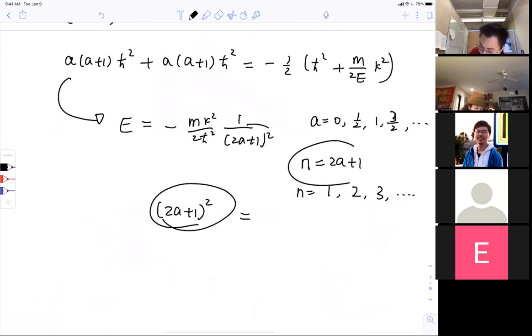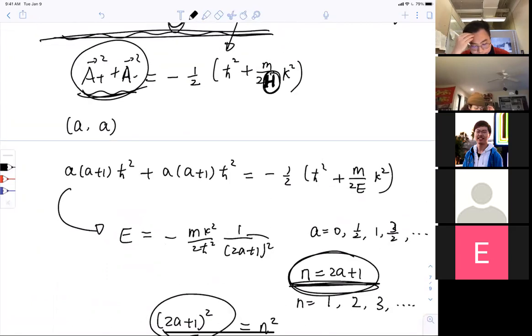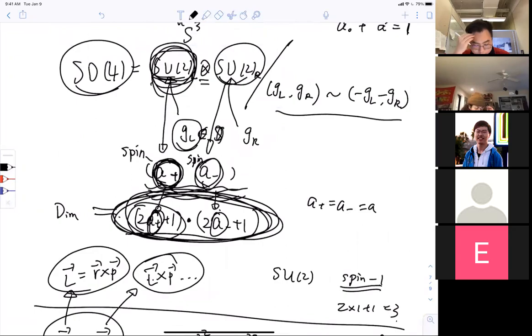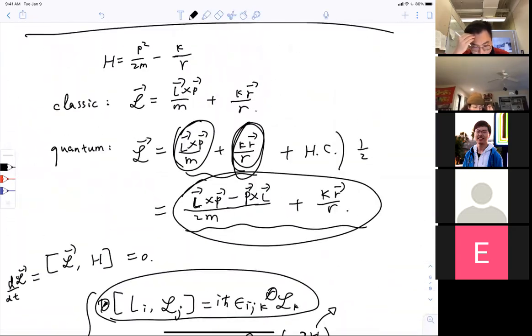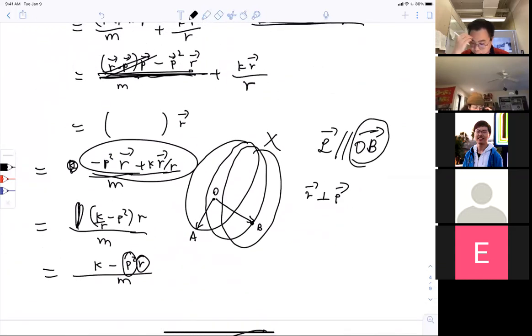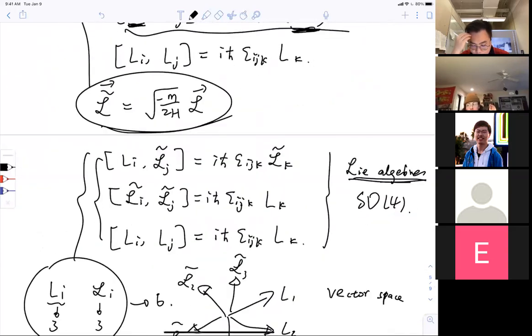And using this identity, we know it's n squared. So by this kind of group analysis, the reason why there's a degeneracy is because actually there's a bigger group that captures the symmetry of this system.